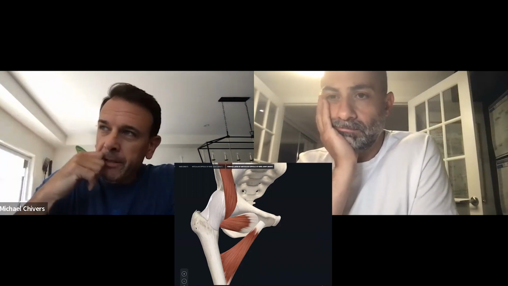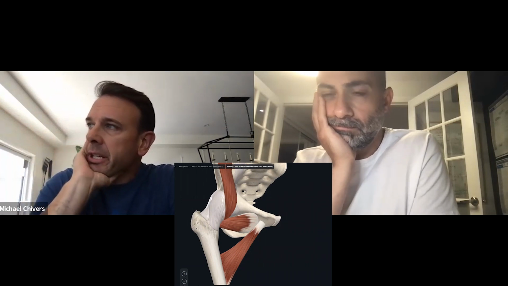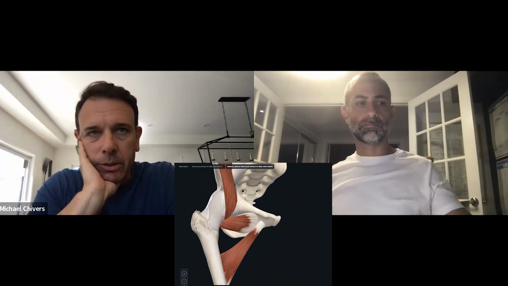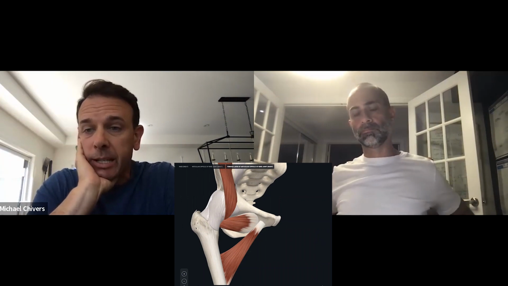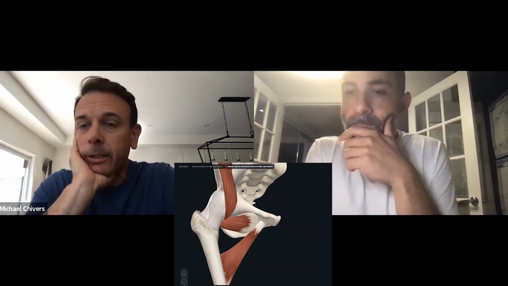When you take a step back and think about why that thickening occurred and why that directionality of the tissue occurred, it was to regulate the amount of space that was available at the articulation, right?